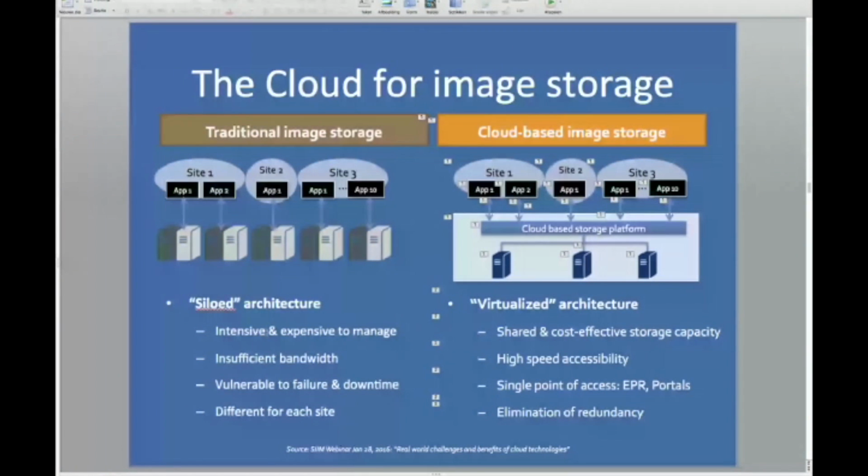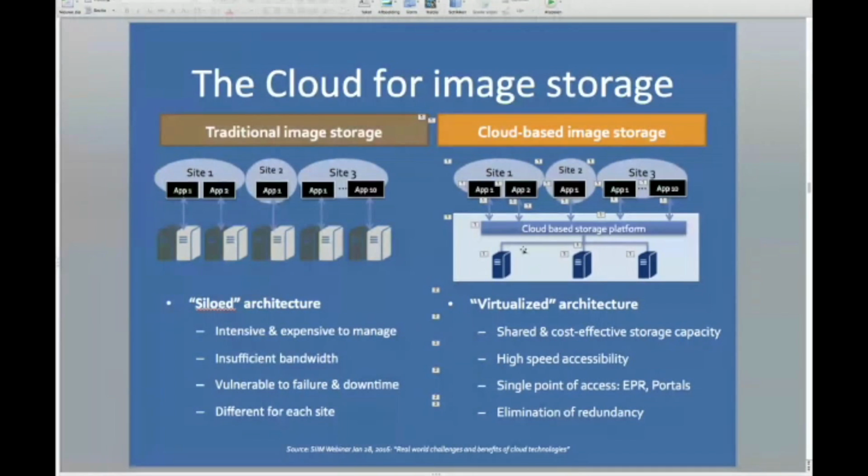So it is quite intensive and expensive to manage all this equipment. And often there is not sufficient bandwidth to share, not only inside the location, but also between the other locations. This type of configuration is quite vulnerable to failure and downtime because there's a lot of hardware and software running in different locations. And the installations are different for each site.